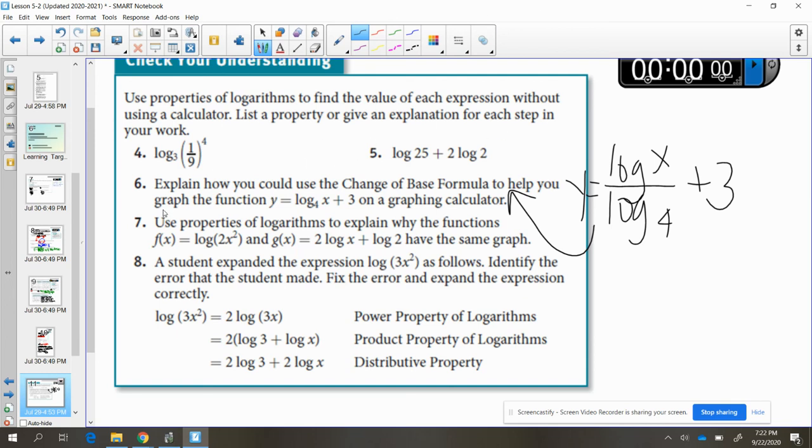Okay, and I'll skip 4, but if we just look at 5 quickly before we end today, if we were to start moving this around so that we have log 2 squared, right? That means that this is like saying log of 25 plus log 4, which that addition would turn into multiplication inside the same log.